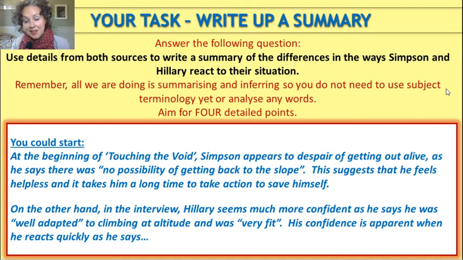On the other hand, Edmund Hillary doesn't appear to feel any fear or relief or emotion of any kind. He reacts very, very quickly and just says, "It was just a matter of simple mountaineering to get myself out again." And isn't it interesting how your mind speeds up and everything else goes really slowly. He's very objective and just goes for it, acting on instinct because he's so confident.